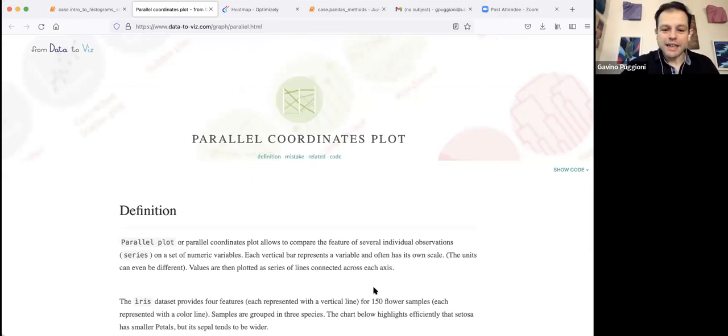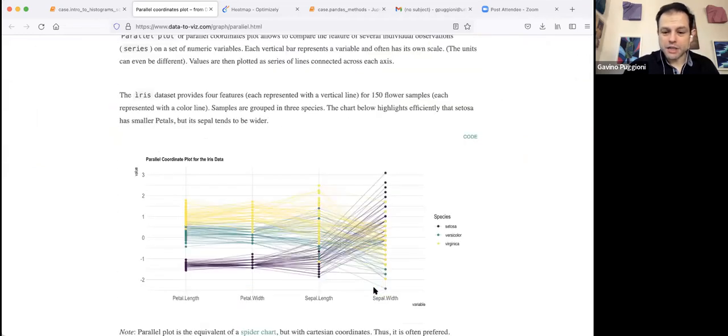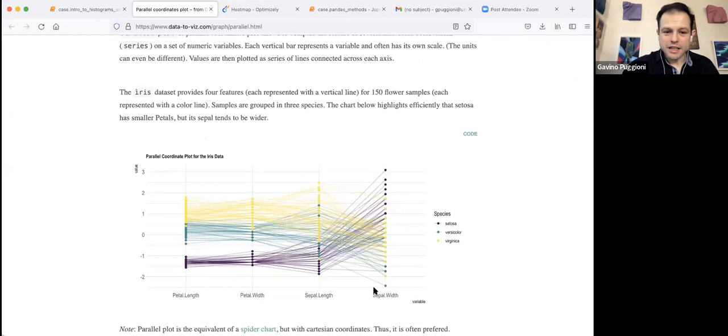And each vertical bar represents a variable, with a unit that can be actually different. So for instance, this is a particular example of the iris dataset. It's a classic dataset that is used a lot for classification testing of machine learning methods, support vector machine, random forest, and other things.